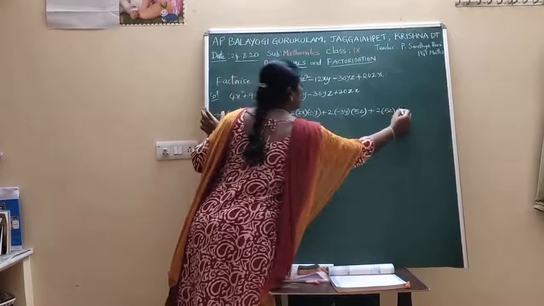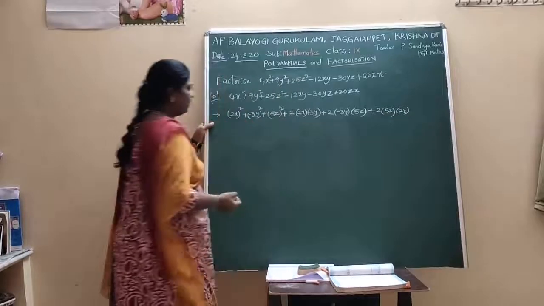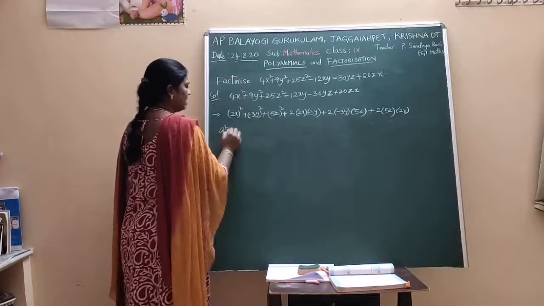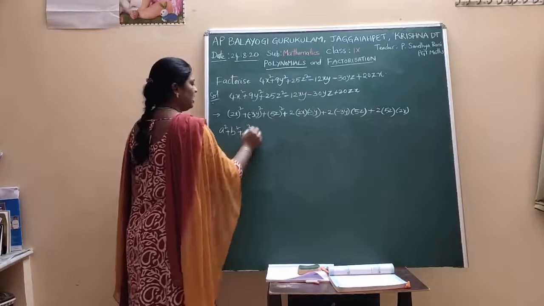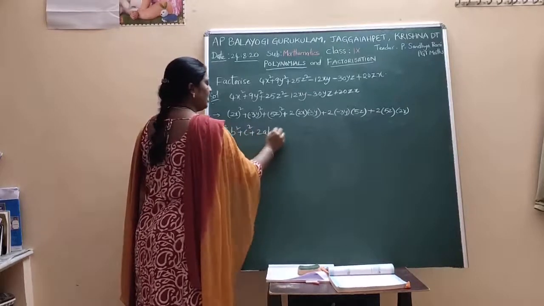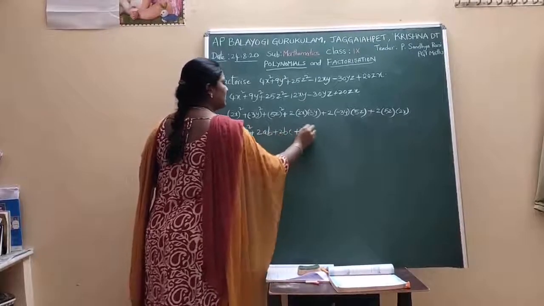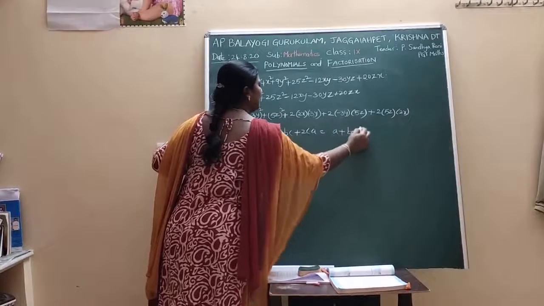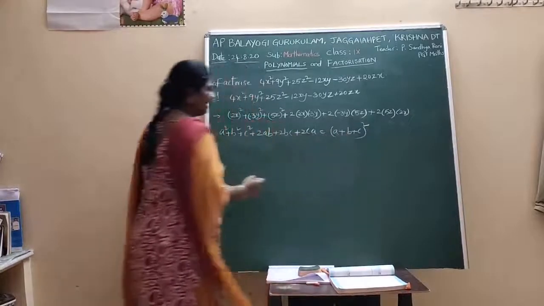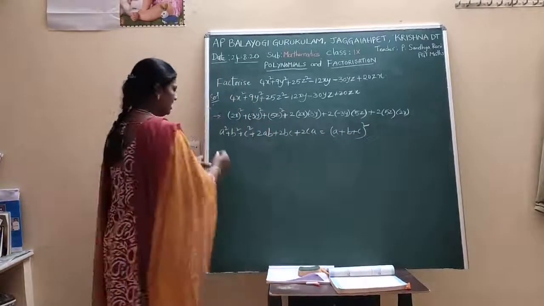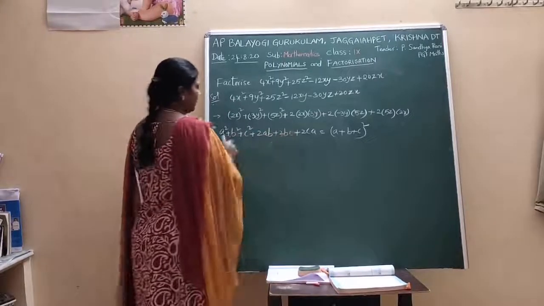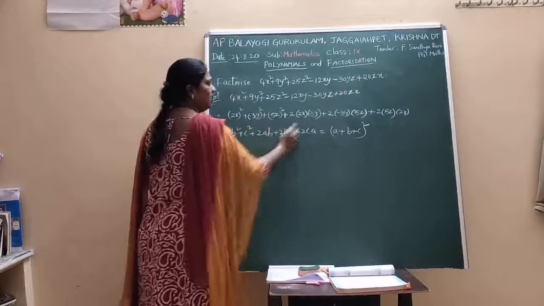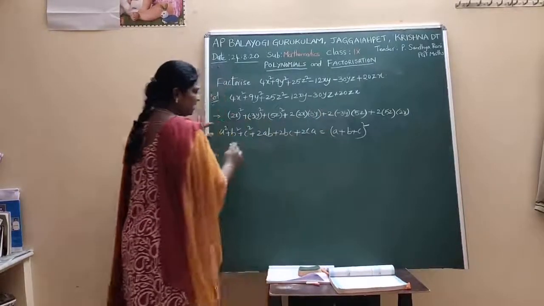So when we compare this with identity 5, what is that? a square plus b square plus c square plus 2ab plus 2bc plus 2ca, which is equal to a plus b plus c whole square.